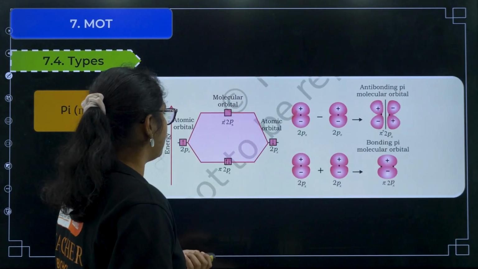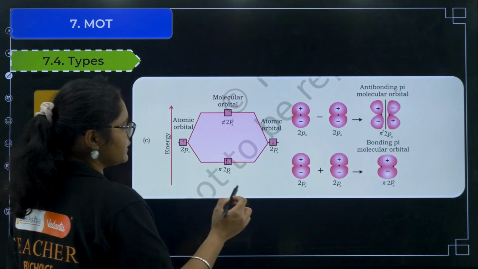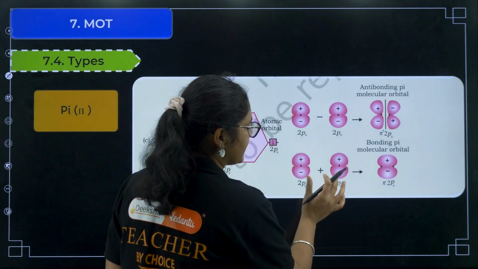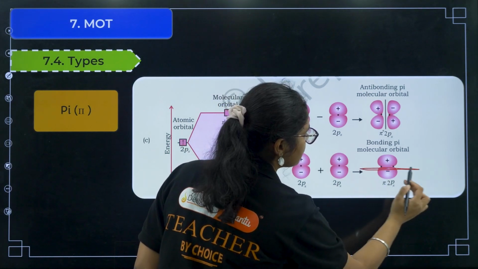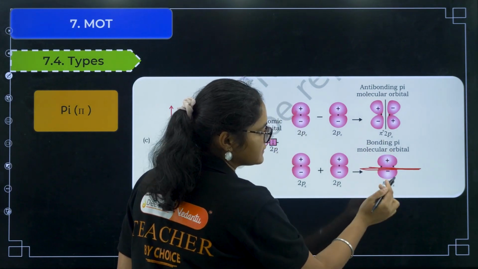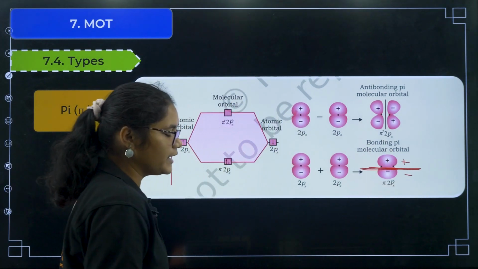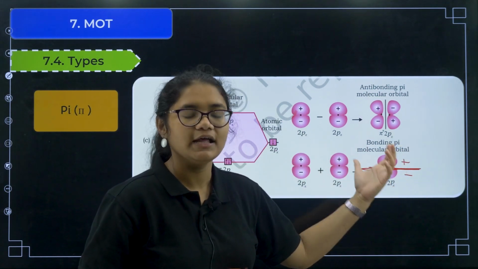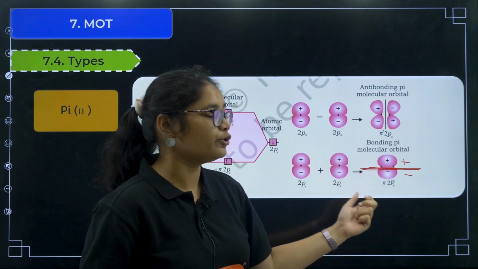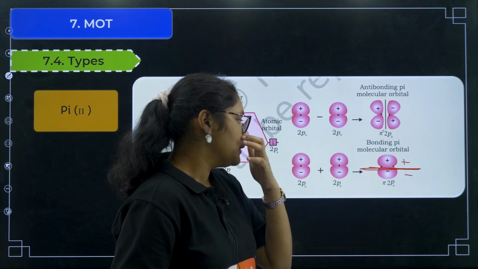Now if you compare the pi bond, that is the interference of 2px and 2px, if they are combining, we get positive charge, we get negative charge, and if you check along the bonding axis we have plus and minus, right. Along the bonding axis we have alternating signs.